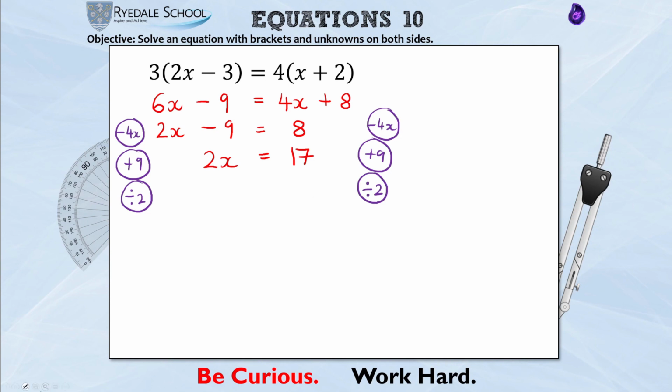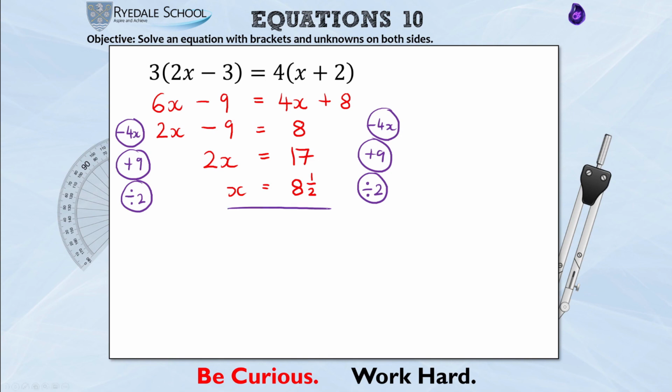But look what happens here. 17 doesn't divide by 2 exactly, so this one is going to be a decimal or a fraction. 17 divided by 2, well 16 divided by 2 is 8. This one is 8.5 or 8.5.